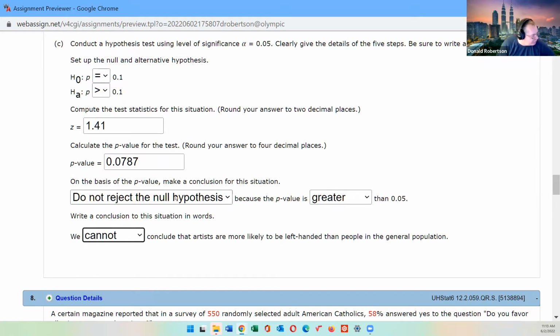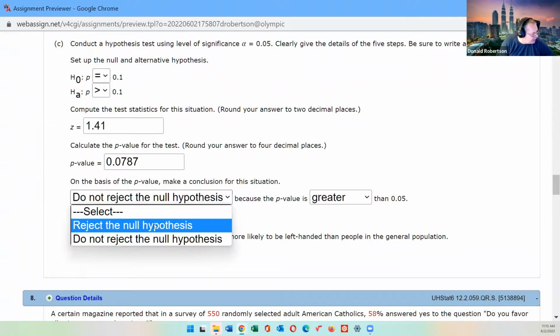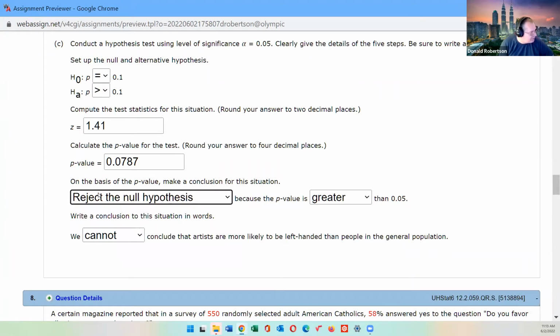Now that sentence, do not reject the null hypothesis, just means there's not enough evidence. The alternate situation would be to say you reject it. But if you write that down, that means we can conclude that there is evidence, right? So rejecting the null means you've got evidence.